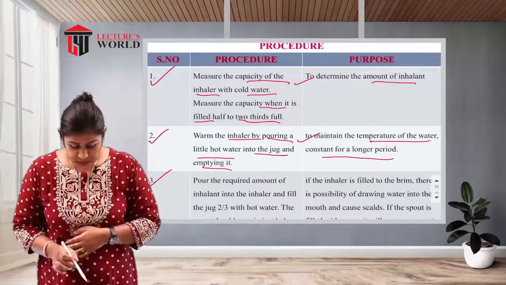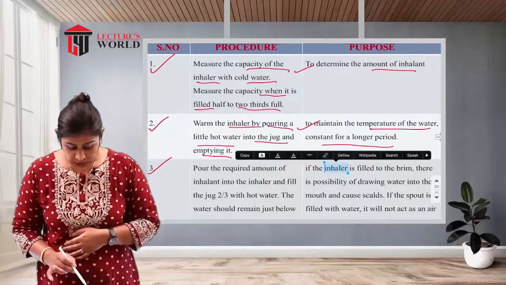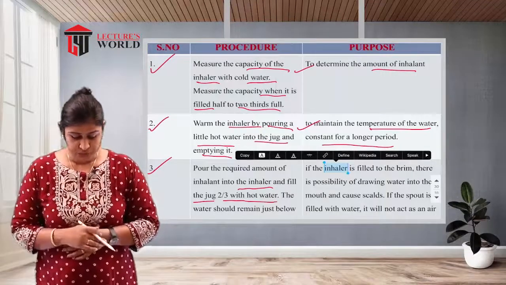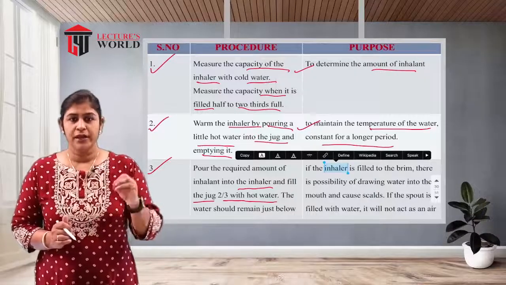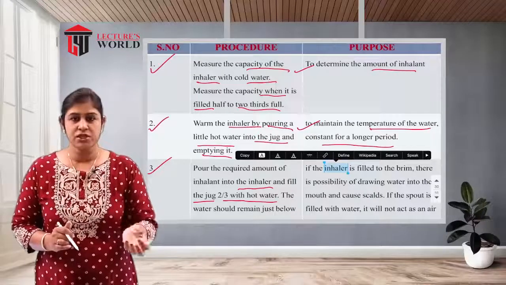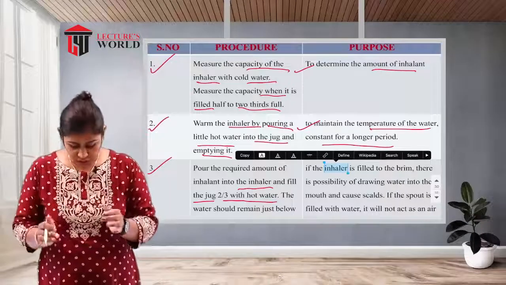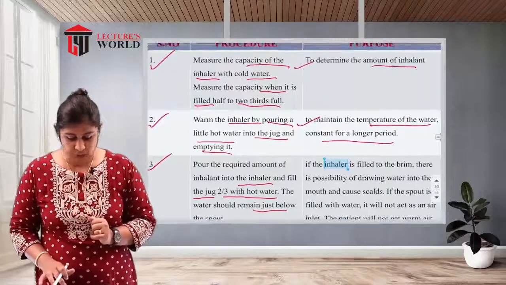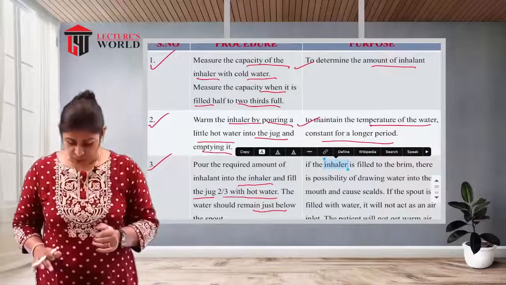Third point is pour the required amount of inhalant into the inhaler and fill the jug 2/3 with hot water. The water should remain just below the spout.